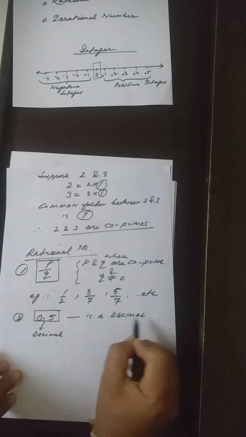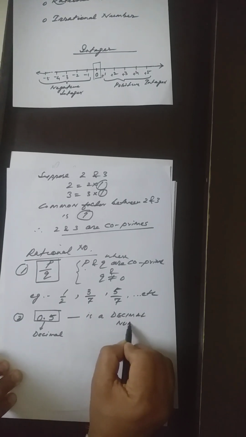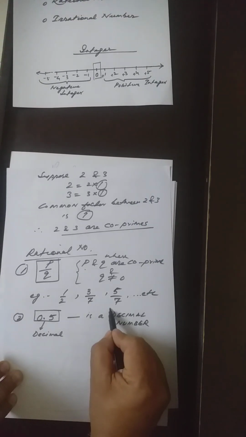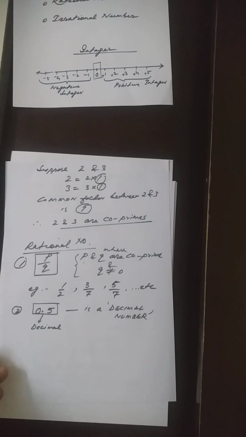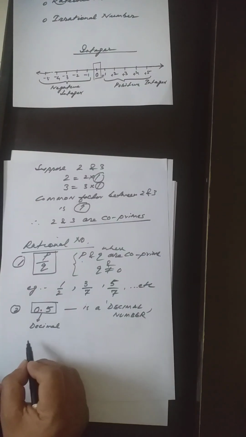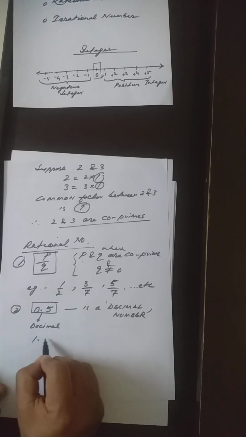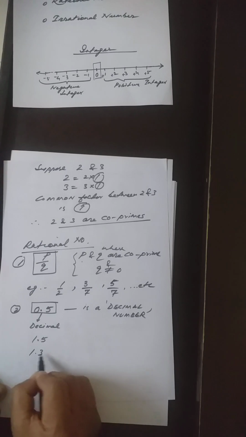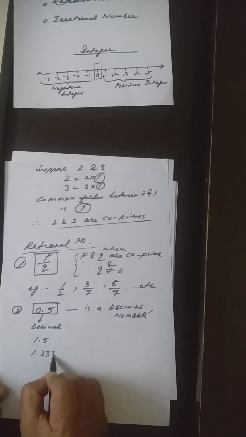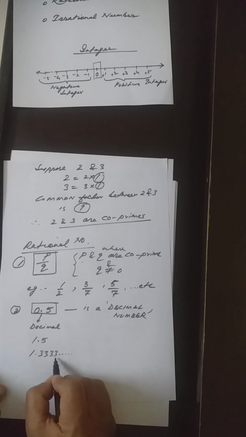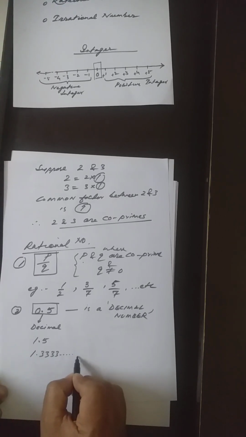I hope this is not a difficult concept to grasp. We can also take 1.5. Now take another number 1.3333. That means this digit 3 keeps on repeating.